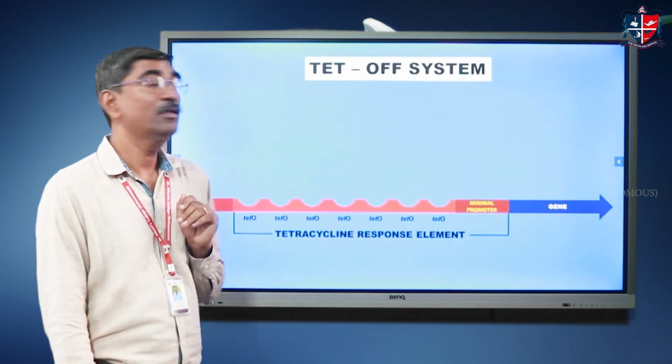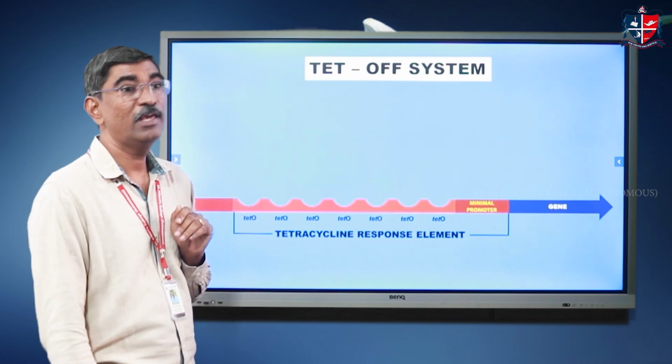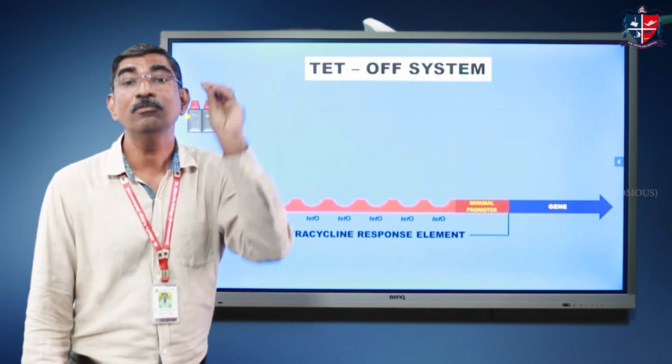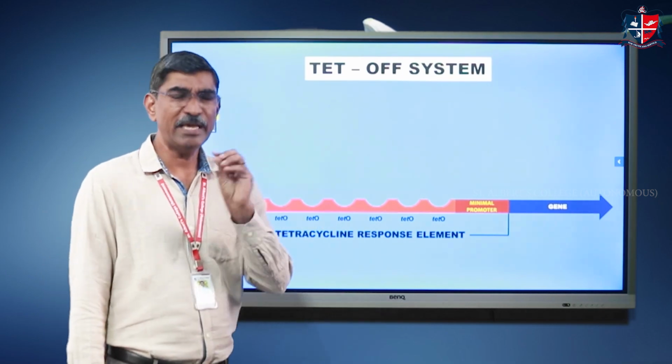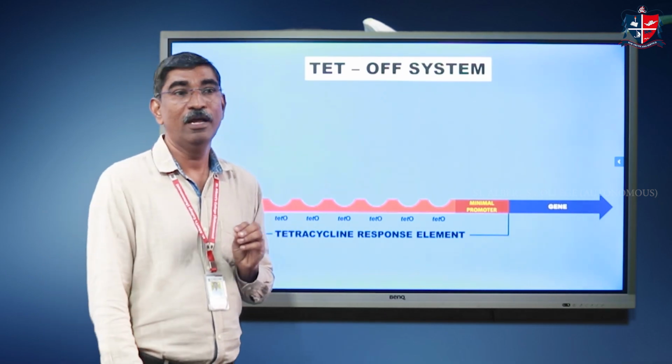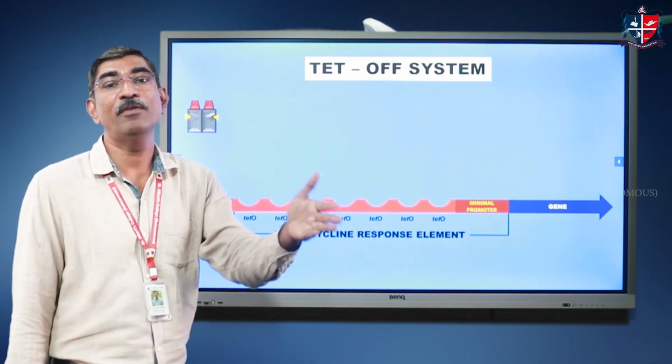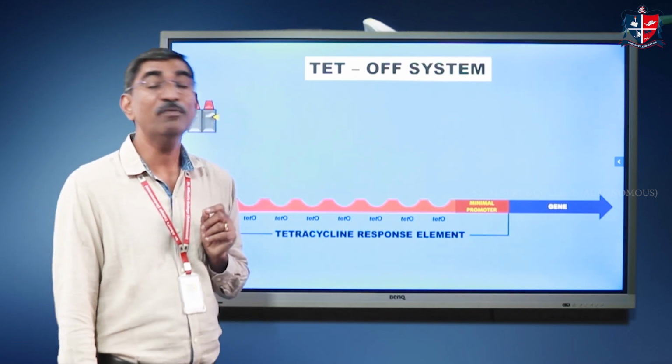Then let us take another case. Here we are giving tetracycline to that cell. The same cell, we are giving tetracycline. Now this tetracycline will go and bind with the repressor part of the fusion product.